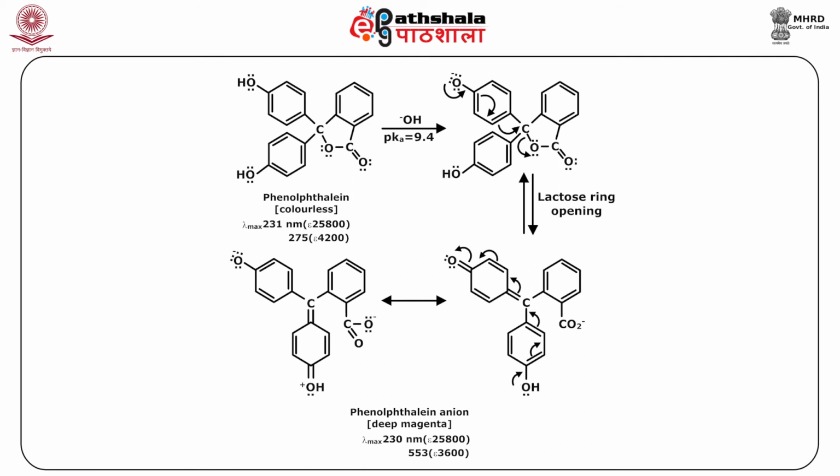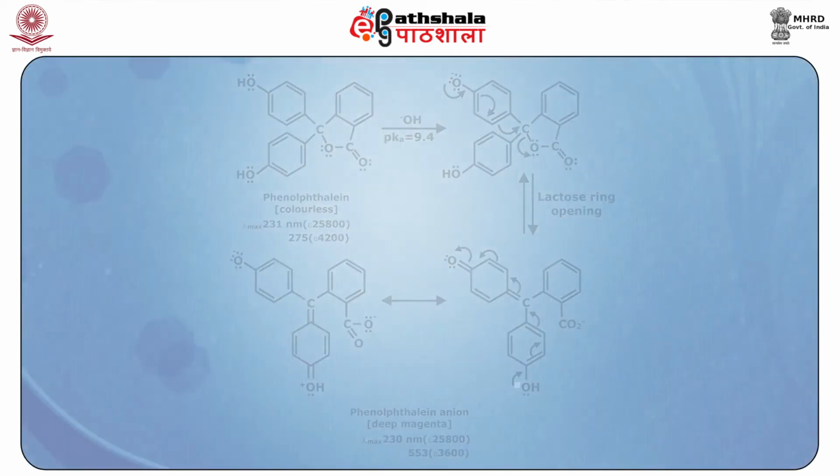At acidic and neutral pH, the equilibrium shifts to the left and the concentration of the anions is too low to observe the pink color. However, under basic conditions, the equilibrium shifts to the right hand side and the concentration of the anion increases and we observe a pink color which marks the endpoint of a titration. This is clearly shown in the figure, the change in the pH and the effect on the structure and thus the effect on the UV visible spectrum.